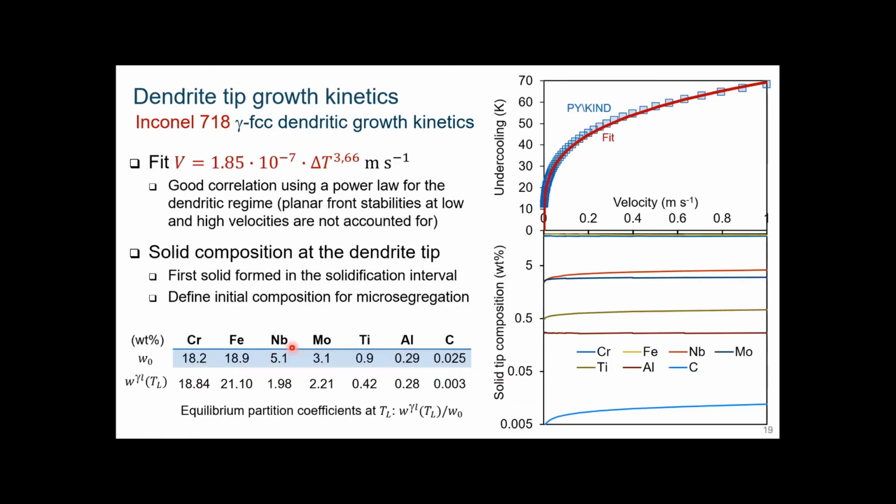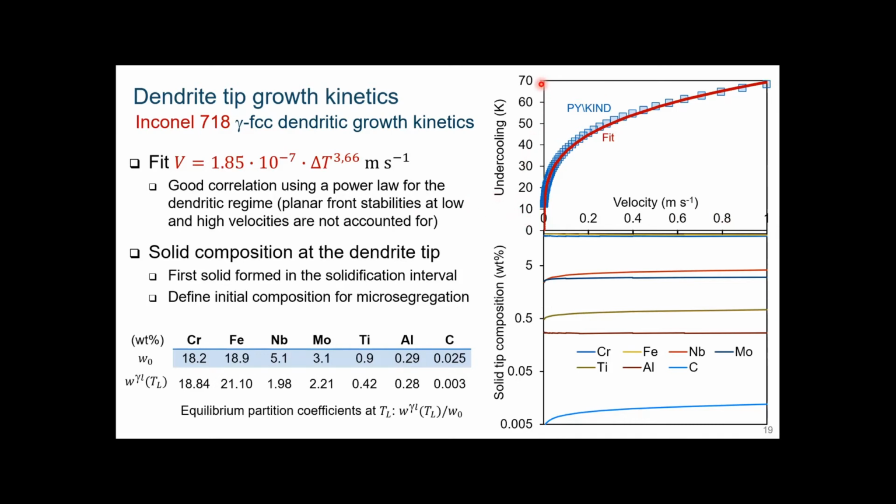Using these material parameters, we can compute this blue curve coming from the model. This is the undercooling as a function of velocity, going from 0 to 1 meter per second in velocity and from 0 to 70 degrees of undercooling.